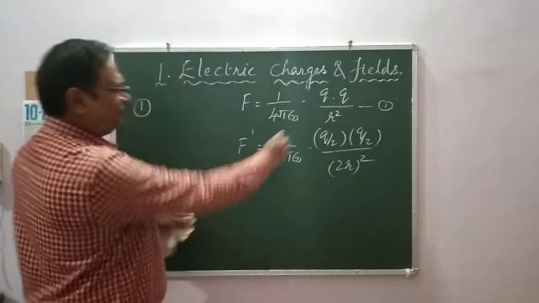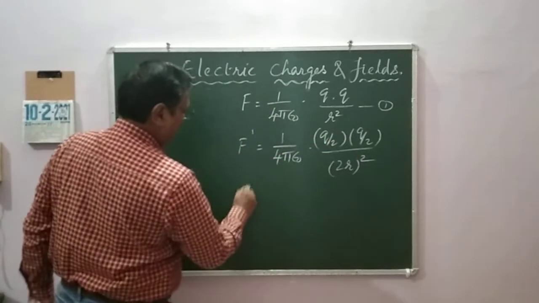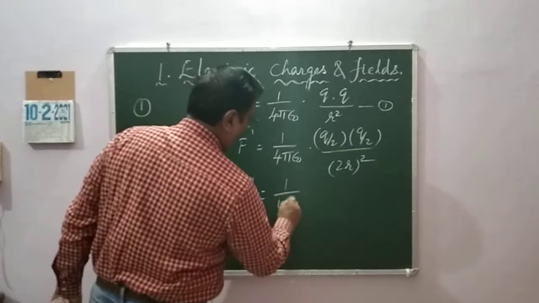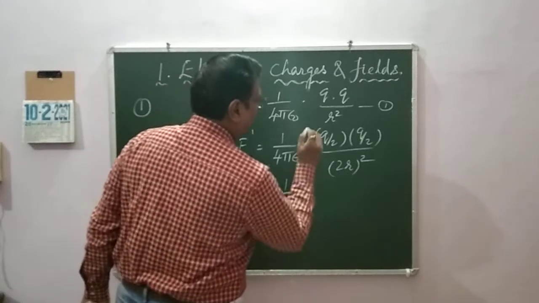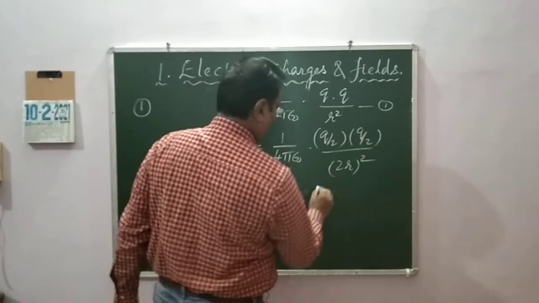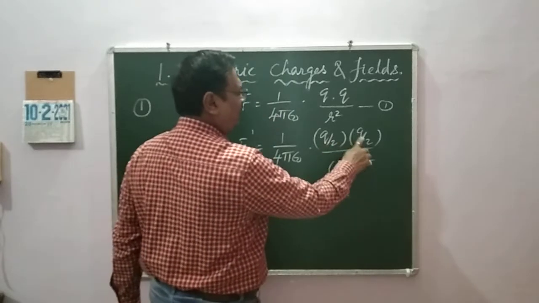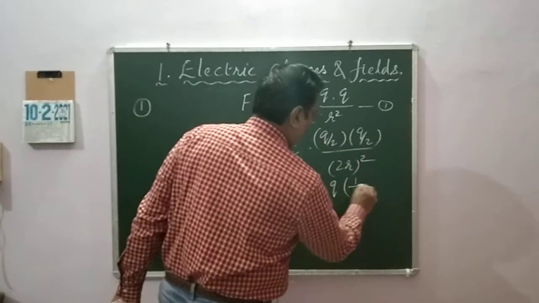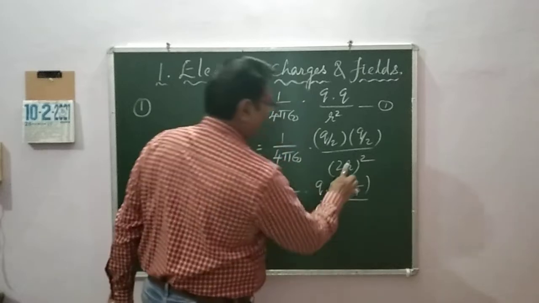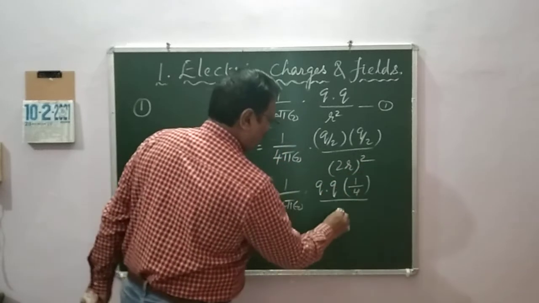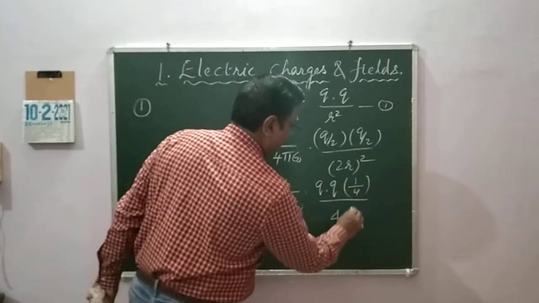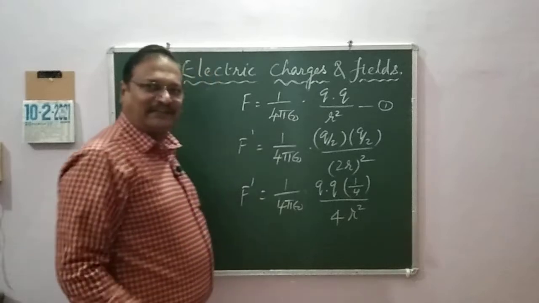Let us simplify one more step. F dash is equal to 1 upon 4 pi epsilon naught into Q into Q, multiplied by 1 upon 2 into 1 upon 2, that is 1 upon 4, divided by 2 square 4 R square. Keep it R square.